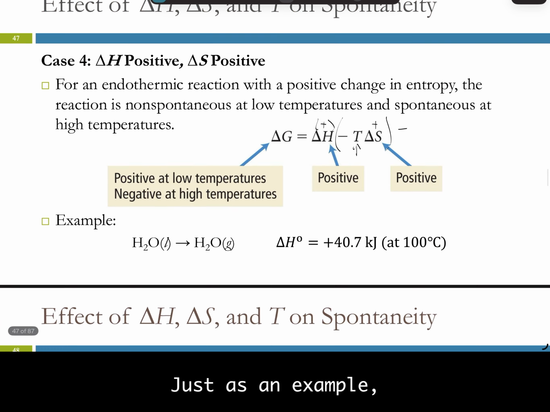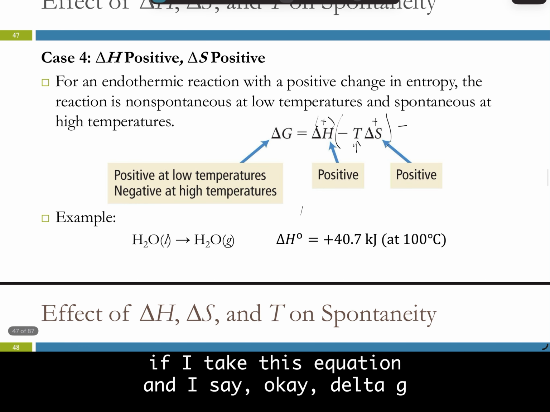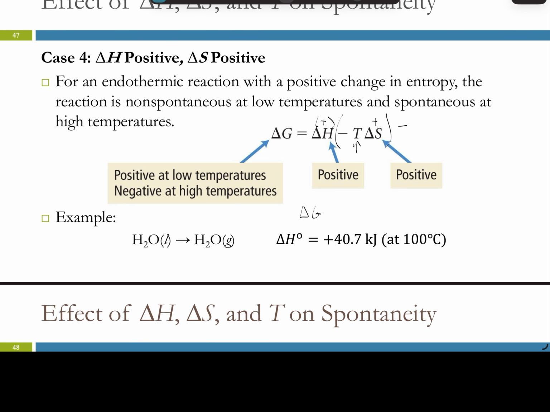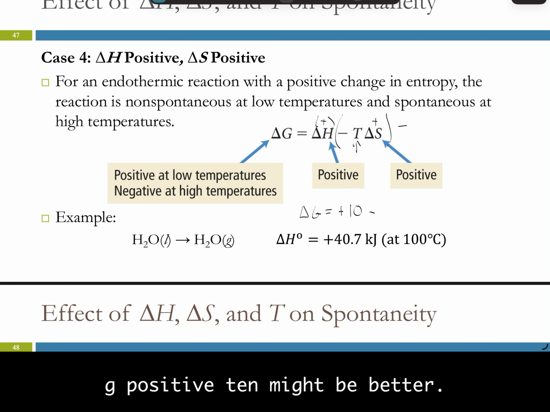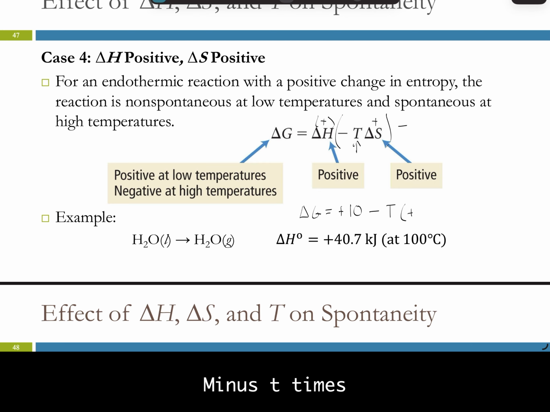Just as an example, if I take this equation and I say, okay, delta G equals, let's see, positive 1. Actually, positive 10 might be better. Minus T times a positive 10.